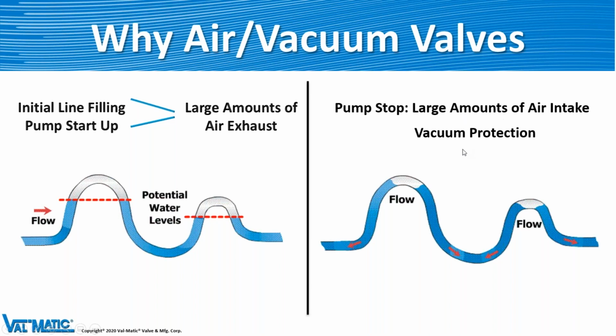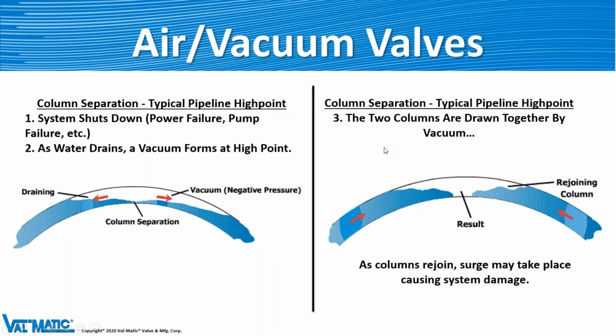And then, large amounts of vacuum protection and so on in case there's a failure, you're draining the line or whatever. So it'll separate, column separation at these points where it starts to create the vacuum or a negative pressure, because now that's draining on both ends, okay? It's going one way and the other, so you get this negative pressure build up here.